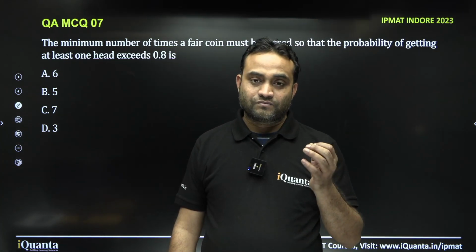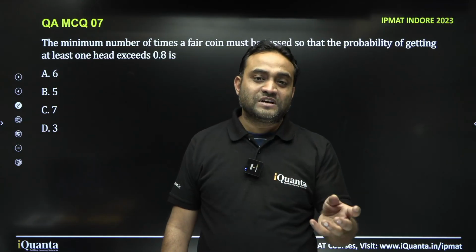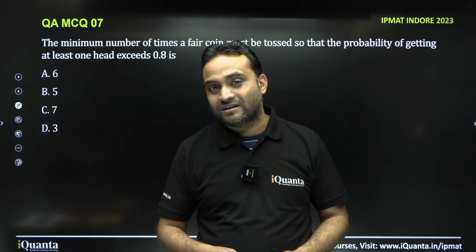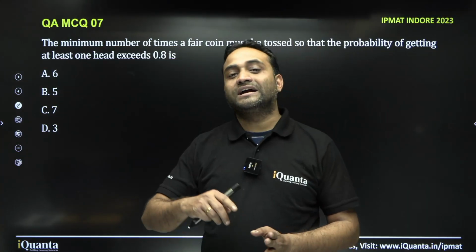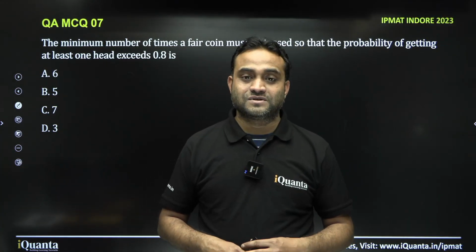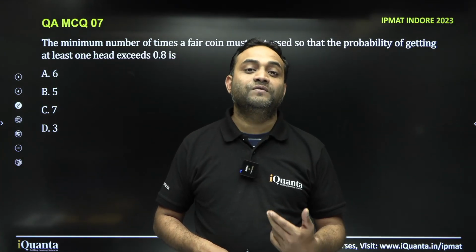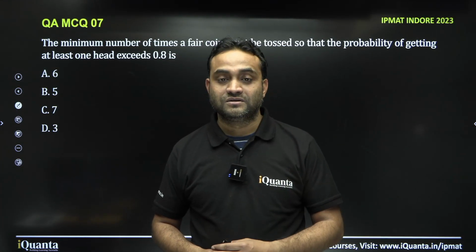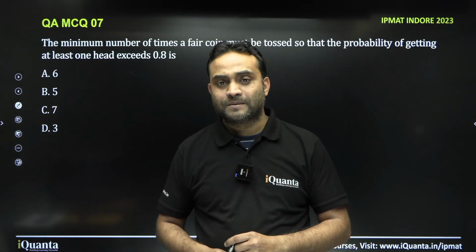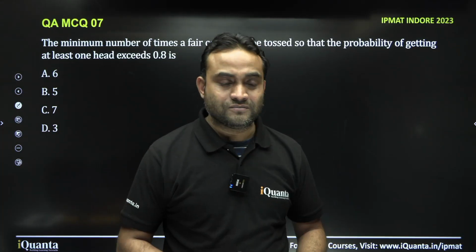So at least one head is just the complementary of no head. If you are tossing a coin, you are either getting head or you are getting tail. If you are tossing it 5 times, you can get 1 head, 2 heads, 3 heads, 4 heads, 5 heads, or no head. So if I want the at least one head event, can we say it will be just the complement of no head?